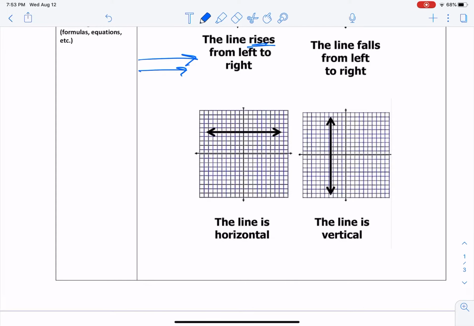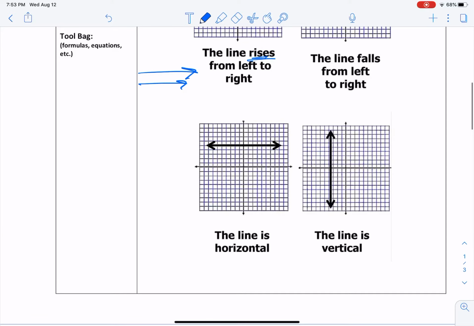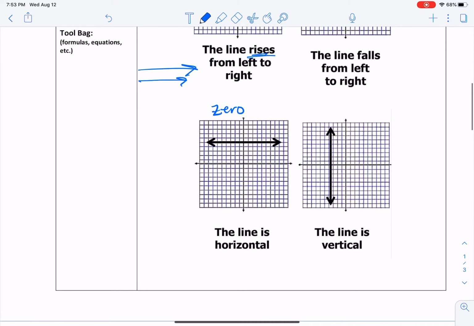These are special cases. This is zero slope, and this is undefined slope. These are called y equals a number, and these are x equals a number.